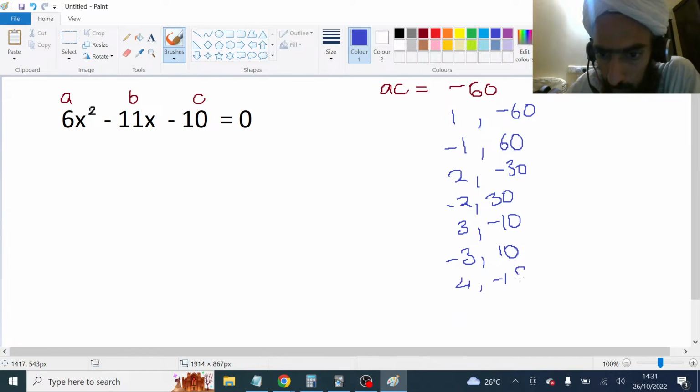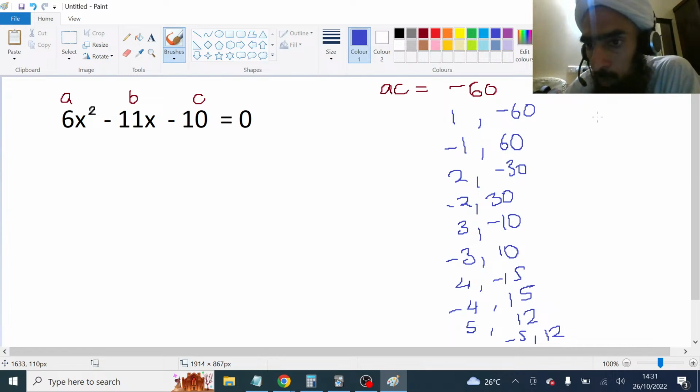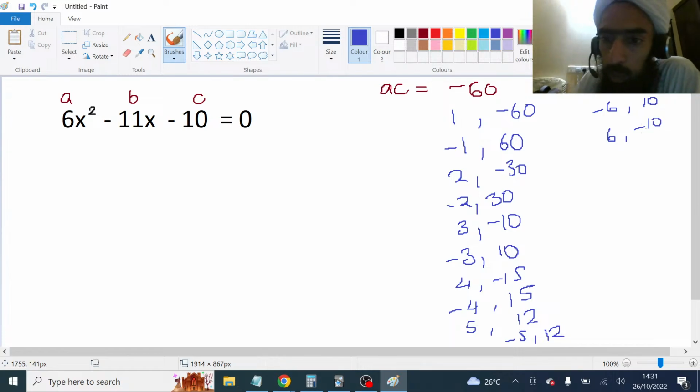Four and minus 15. And we could probably go with 5 and 12. Squeeze in minus 5 and 12. You have to get every single pair, so be persistent on this one, until you can't get any more pairs.